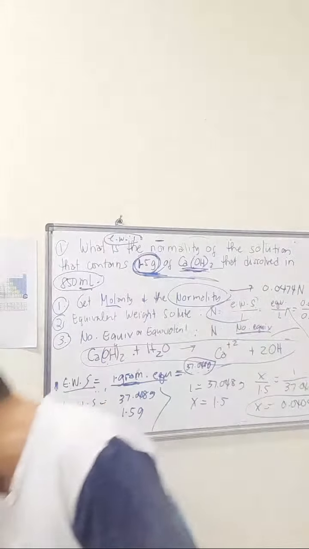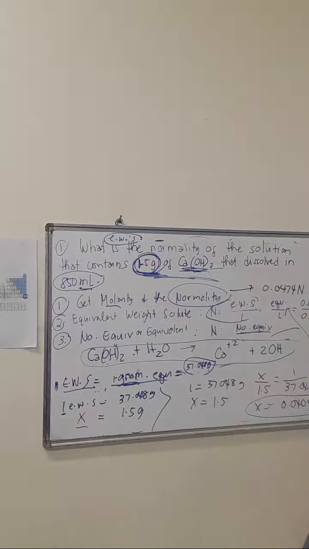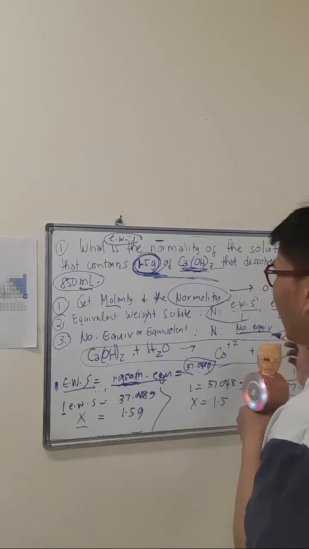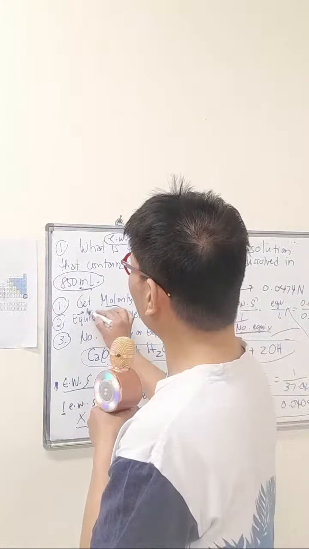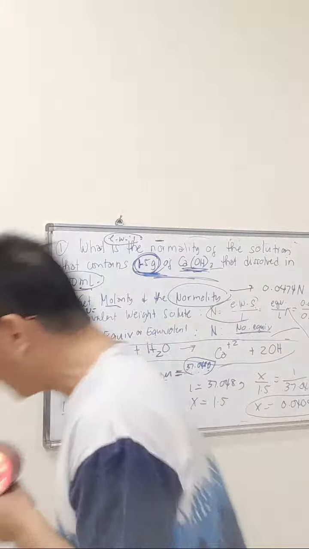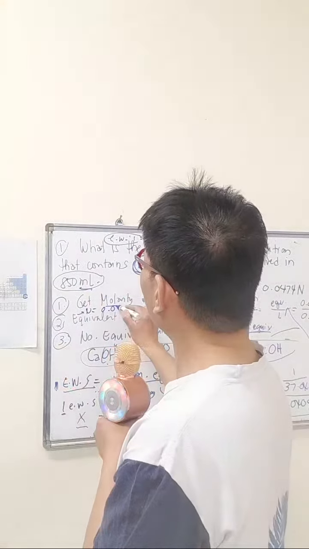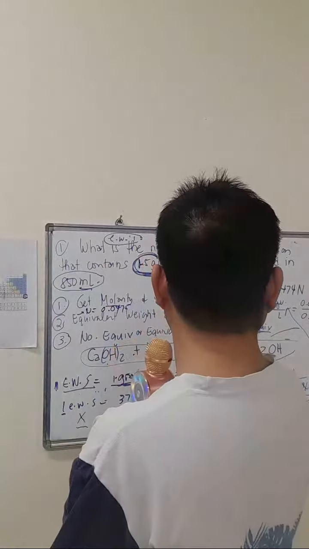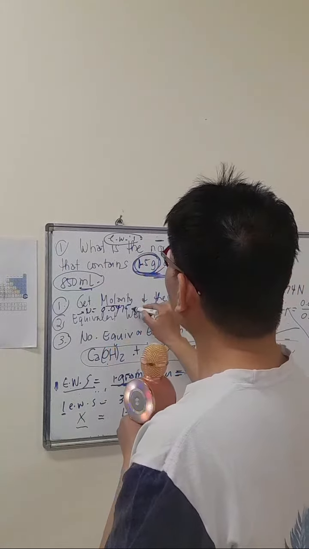Oh my gosh, it's only 0.001 different, but it's acceptable. For the second version, our normality is 0.0475.